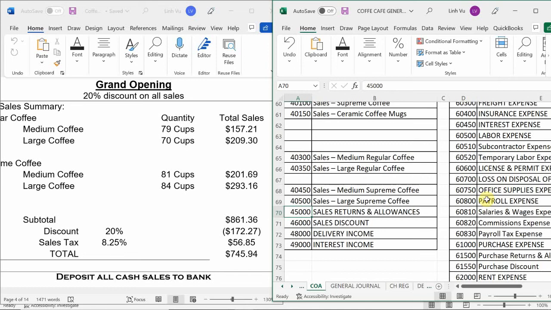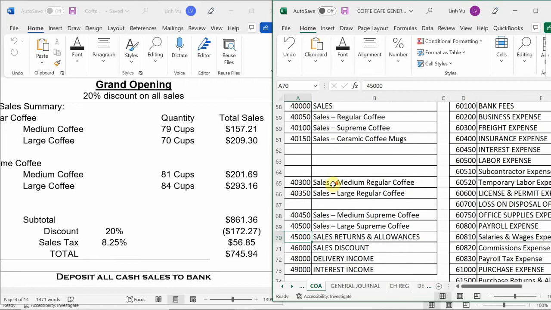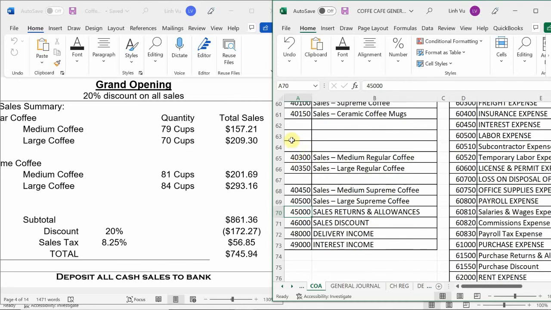Why would that be my cup sale? Keep looking on your chart of accounts. There's more than just the top part. Okay, we got the medium regular coffee and the large coffee. And then we got the sales of the medium supreme coffee and the sales of the large supreme coffee.